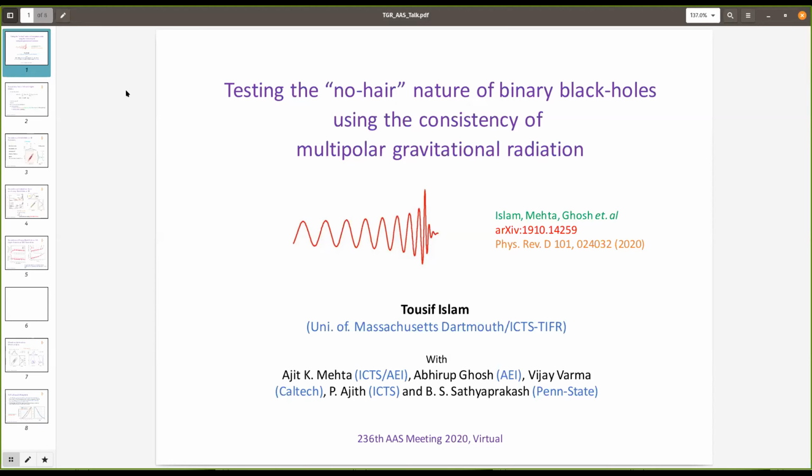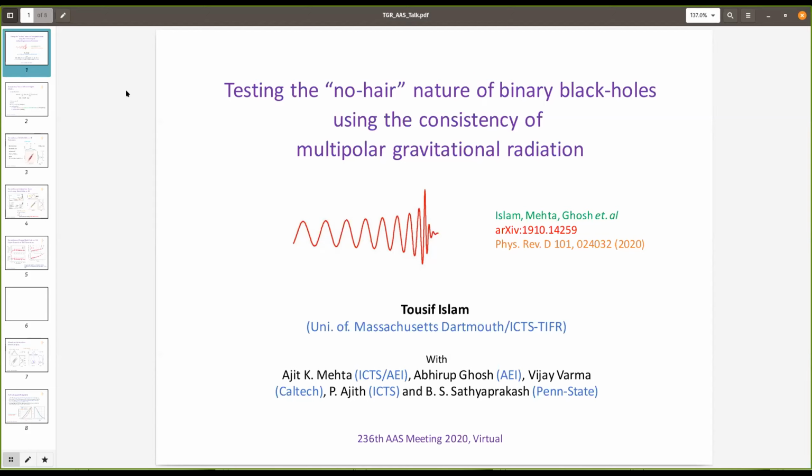To begin with, in general relativity, the gravitational radiation from a binary black hole system can be uniquely determined by its masses and spins. Hence, the multipoles of different radiation have to be consistent with the same values of black hole masses and spins if you measure those from different multipoles.